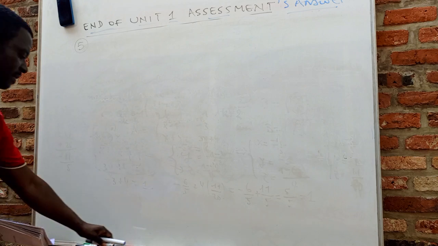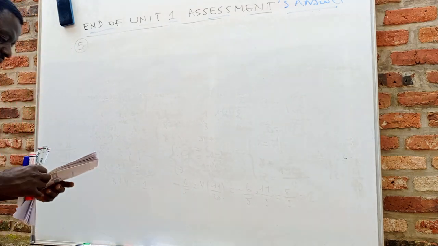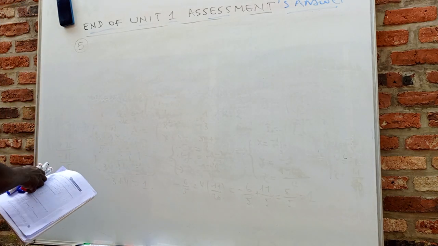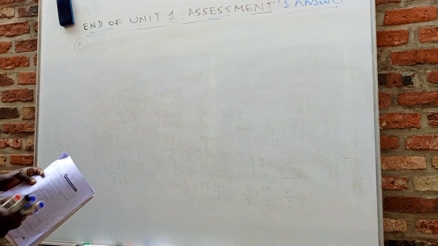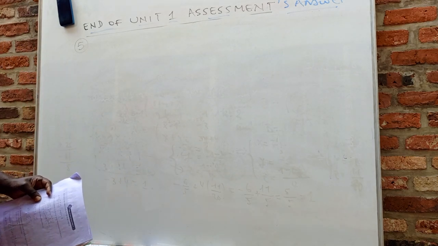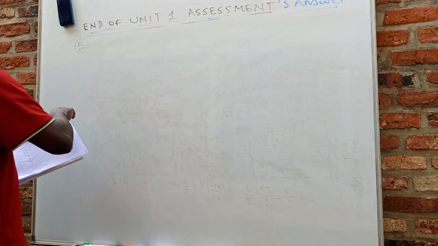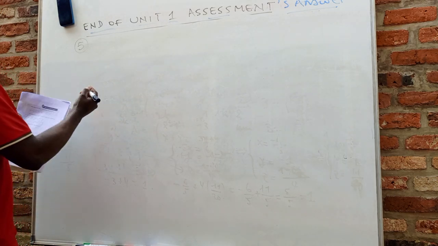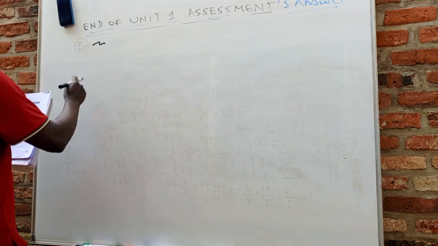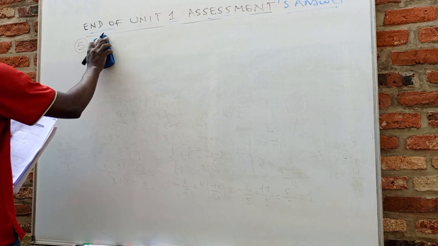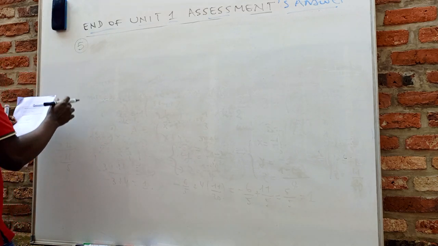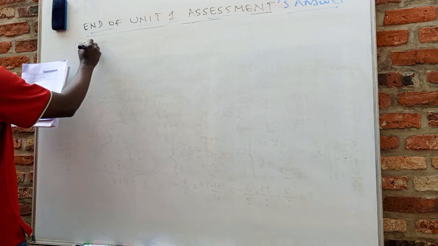Okay, so here let us work out question number 5. We're going to use a different marker here. Let me use this black one. I hope it is working. It is working. Okay. So now here, let us work on number 5.